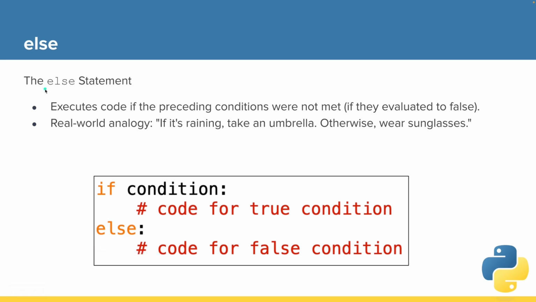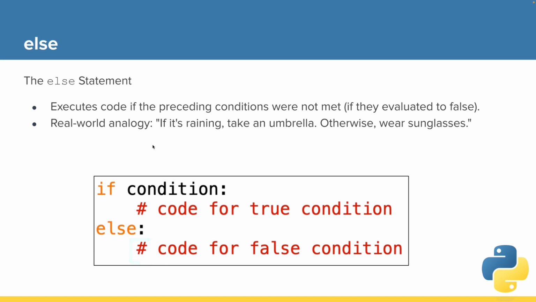And that's what our else statement gives us. It executes code if the preceding condition or conditions were not met. In other words, if they were all evaluated to false. In this example, we have a condition. So if this condition evaluates to false, then we will execute the code underneath our else statement here.